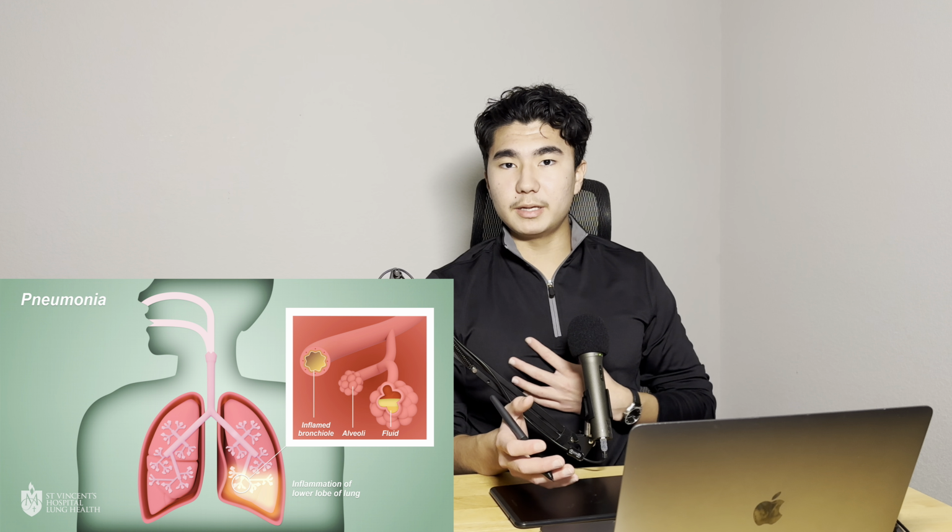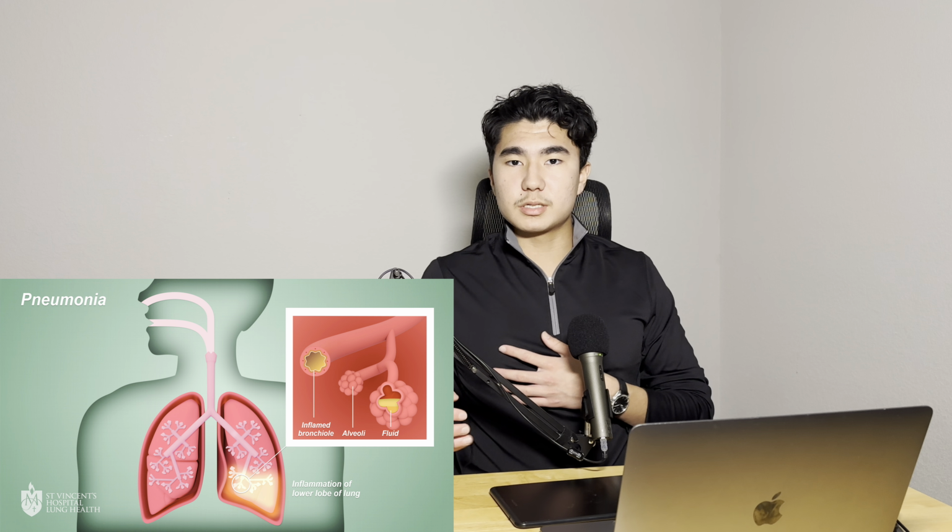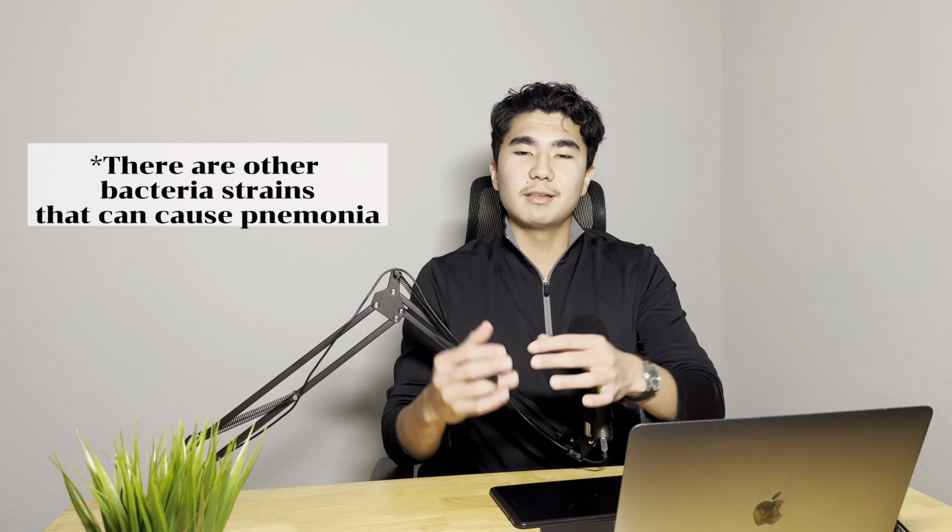The reason why we see a lot of fluid buildup in the alveoli, or those air sacs in the lungs, is because of the immune system trying to fight off, I believe it's pneumococcus, I forgot what bacteria it is, but it is a bacteria that the immune system is trying to fight off. And the consequence of that is a fluid buildup in the lungs, as well as some other symptoms.